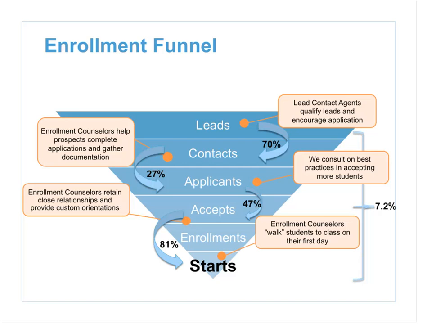Then there are two reactive conversion rates, which are lead to start rate and lead to application rate. We track all of these things. You could be generating lots of leads and doing lots of marketing, but you need to understand the enrollment funnel. If this isn't maximized, your efforts will be hurt. That's why it is critically important that you are fully aware of what's going on in the enrollment funnel, and where things are broken, you have to be a squeaky wheel to hopefully make change happen.